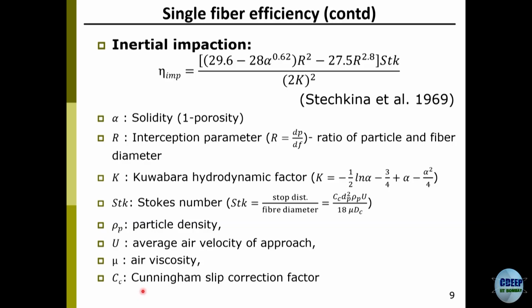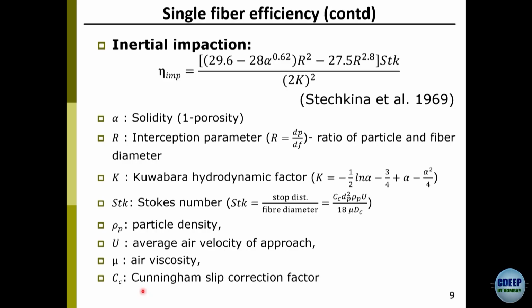And once you get into impaction, you've got the Stokes number coming in, right? So your theory then gets put into expressions that are useful for any kind of design, right?